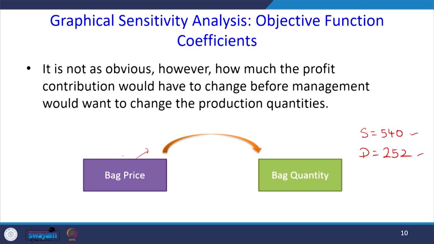But if the bag price changes significantly, sometimes you have to change the production quantities also. So what we are going to do is ask how much change in profit contribution is permitted so that our solution remains unchanged.